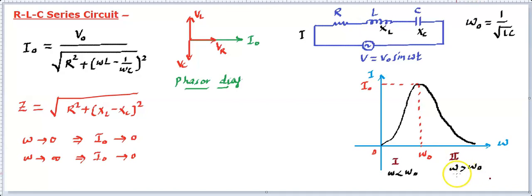That means in the second case you will find inductive properties will be there, and whenever there is inductive property, current lags. So here you can write: current lags voltage in the second zone. In the first zone you will find current leads voltage.